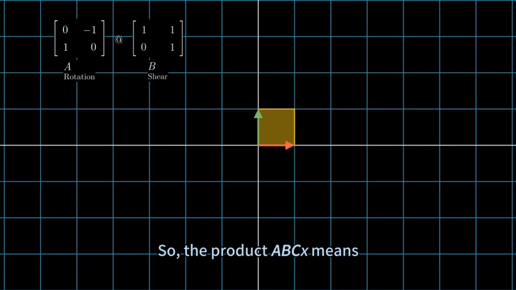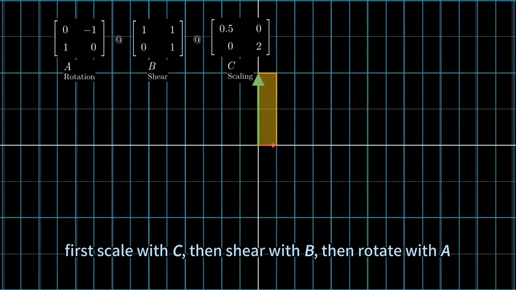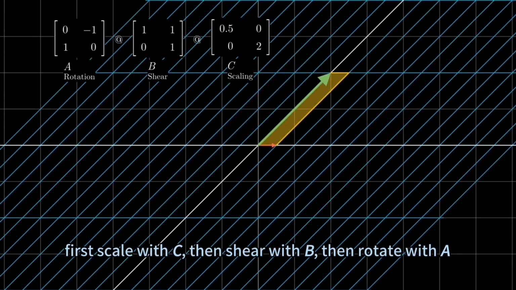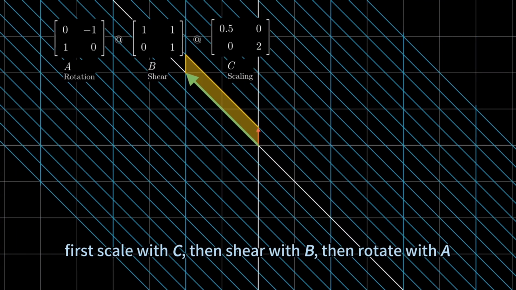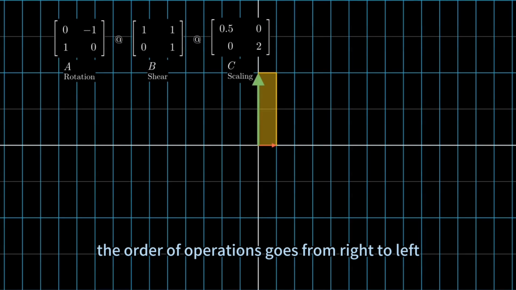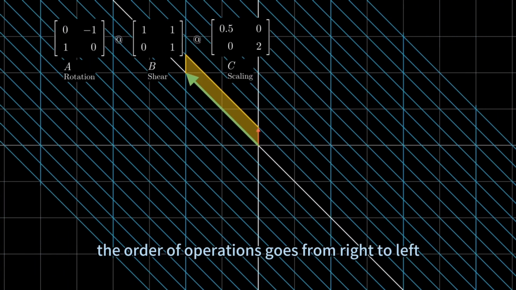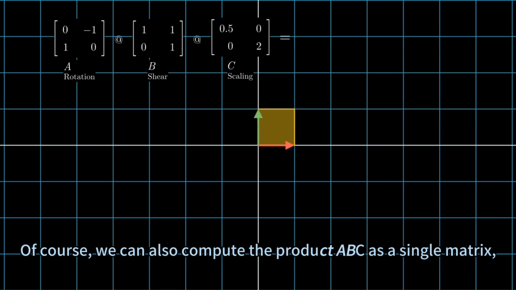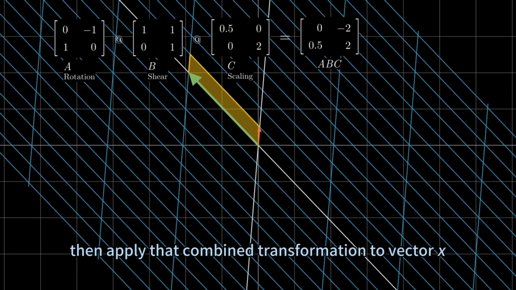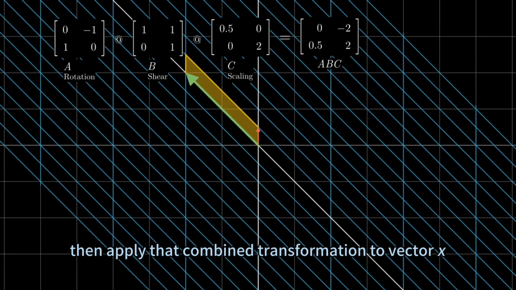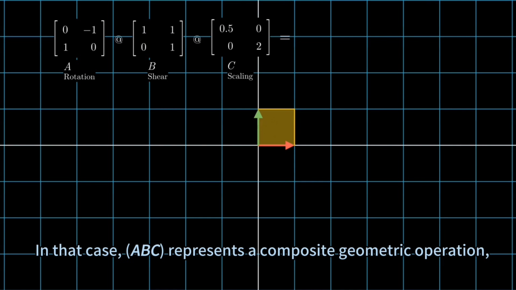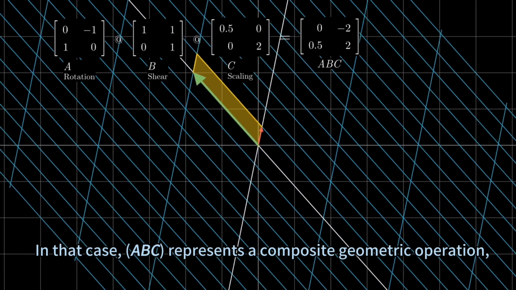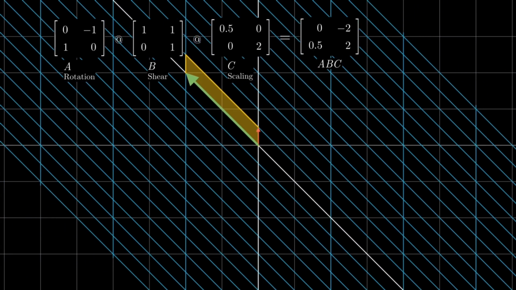So the product A times B times C times the column vector x means first scale the x vector with C, then shear with B, then rotate with A. Please take note, the order of operations goes from right to left. Of course, we can also compute the product ABC as a single matrix, then apply that combined transformation to vector x. In that case, matrix multiplication ABC represents a composite geometric operation, everything done in one shot.